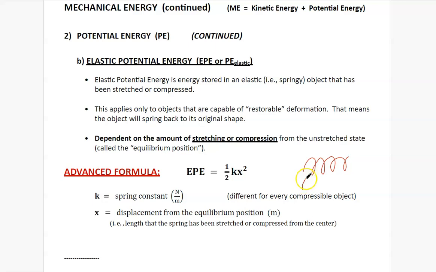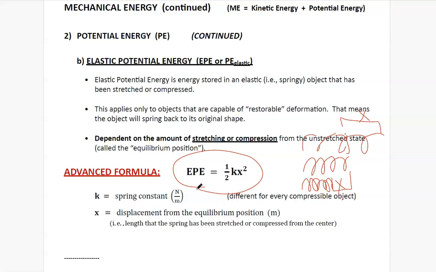But once I either compress it together or I extend it out and stretch it, now it's been stretched by a certain amount or it's been compressed by a certain amount. We'll call that amount x, that distance x. And the formula for elastic potential energy is 1/2 times a constant we call the spring constant.